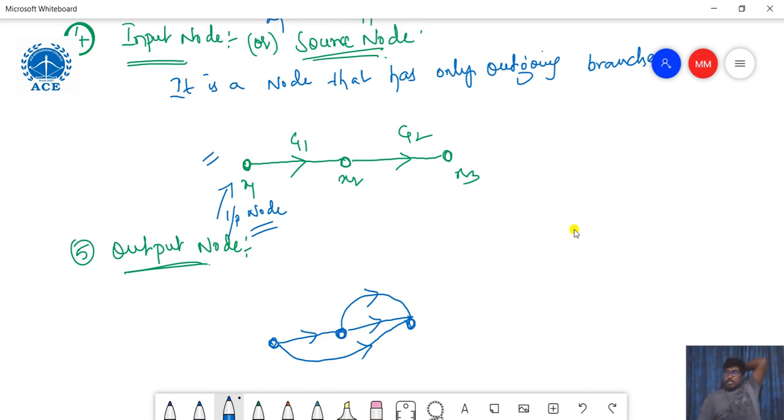I'm naming x1, x2, x3 as the nodes. Which one is the output node here? This one is the output node. An output node is a node that has only incoming branches. There is no outgoing branch from this x3 node, so that's why it is an output node.